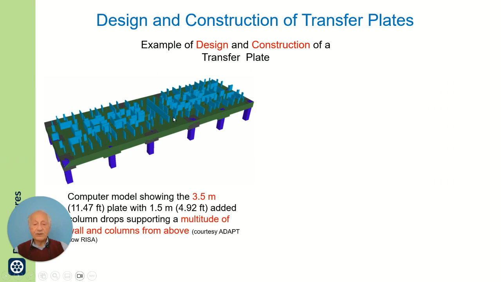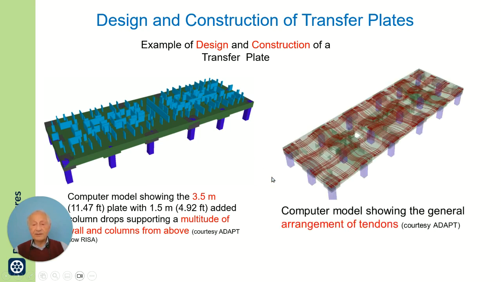The computer model shows the 3.5 meter plate with 1.5 meter added column drops. We have column drops here, 1.5 meter, which together support a multitude of walls above the transfer plate.